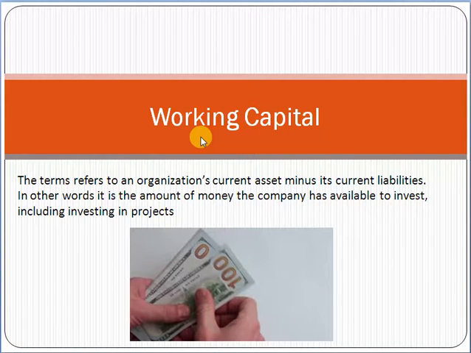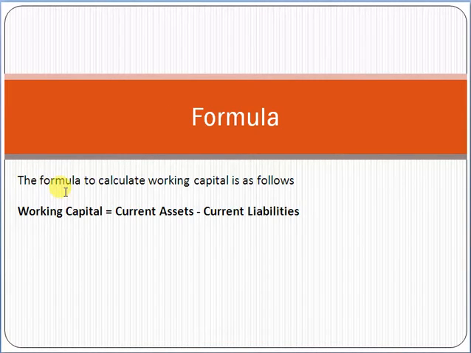All these types of liabilities you must consider, and you have to subtract these liabilities from the assets. Then you can calculate the working capital. The formula of working capital is current assets minus current liabilities. If you subtract the current liabilities from the current assets, then you can calculate the working capital amount.